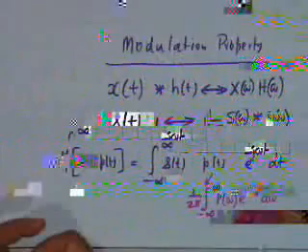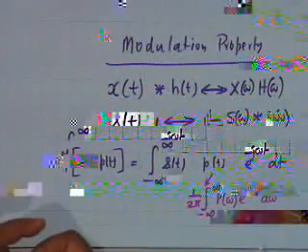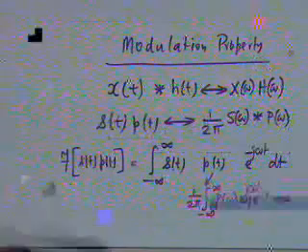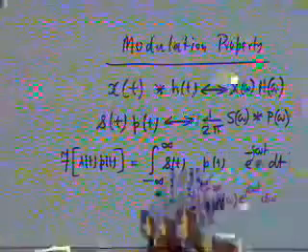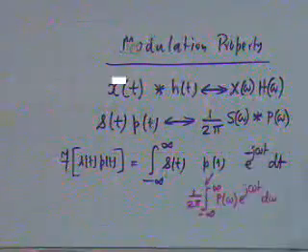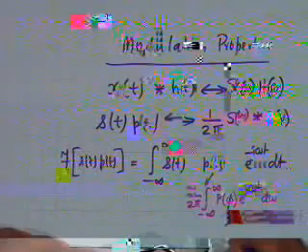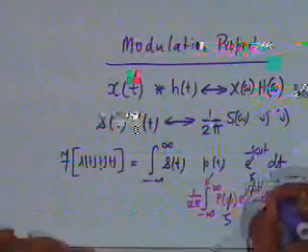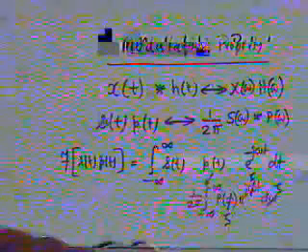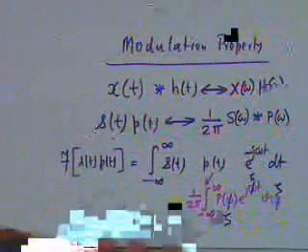Now, since omega also occurs in the outer integral, we change this omega to an arbitrary variable zeta. There is no objection. t still remains, we have not changed t.